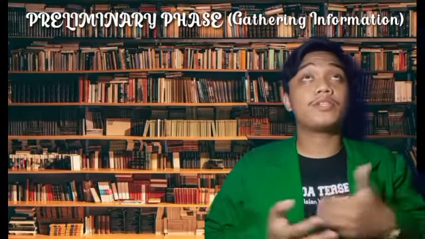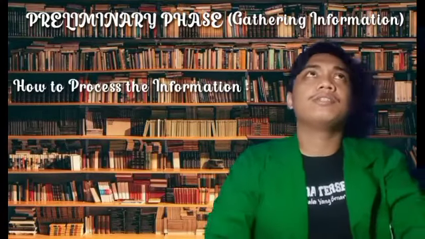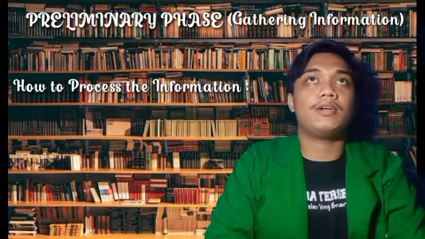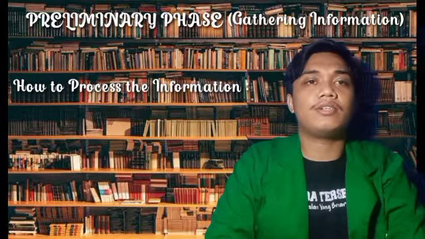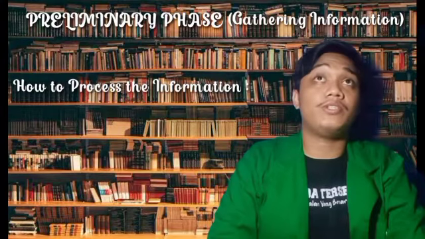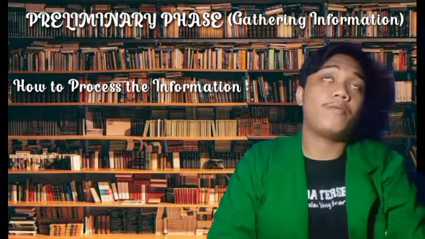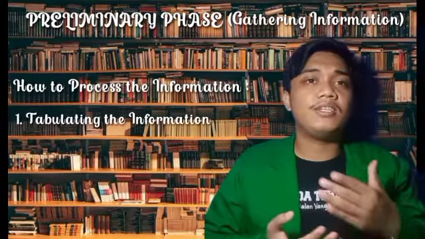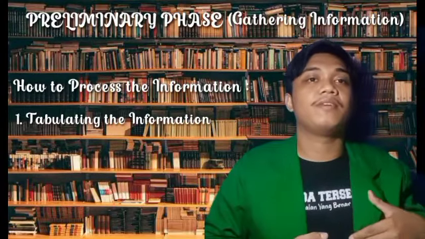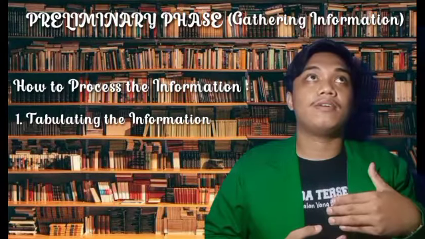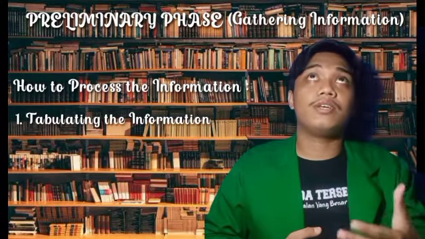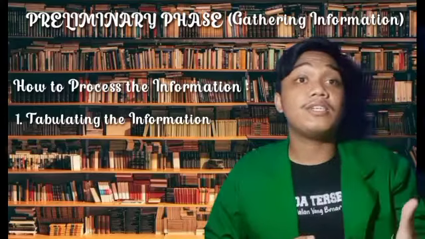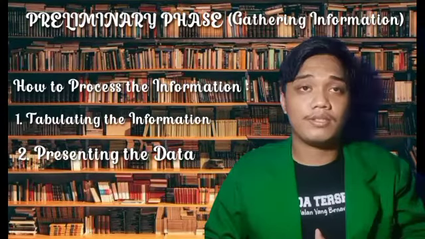And how do we process the information after that? Okay, there are three ways. When someone makes an analysis or research, to process the information from the questionnaire or from the participants, the first is tabulating the information. After tabulating the information, we go on to presenting the data in the form of tables.